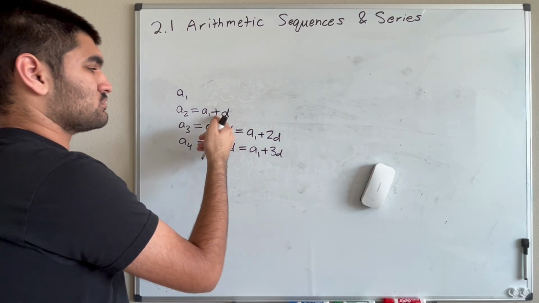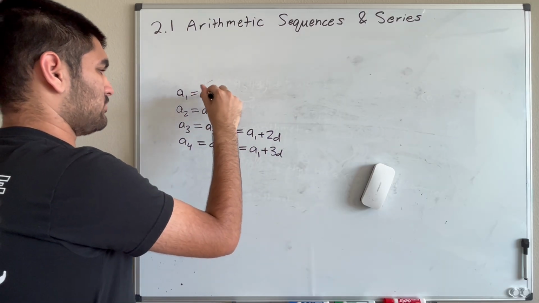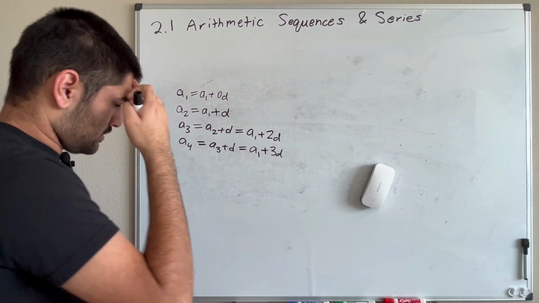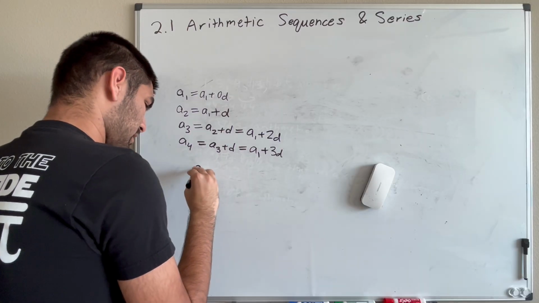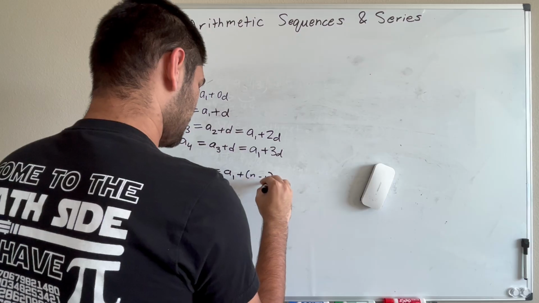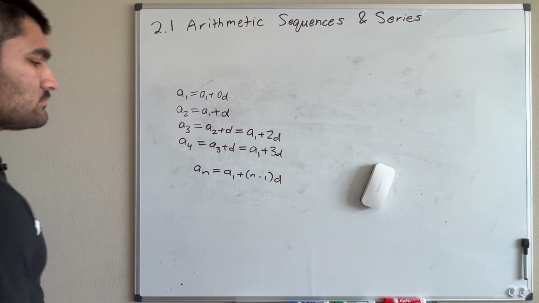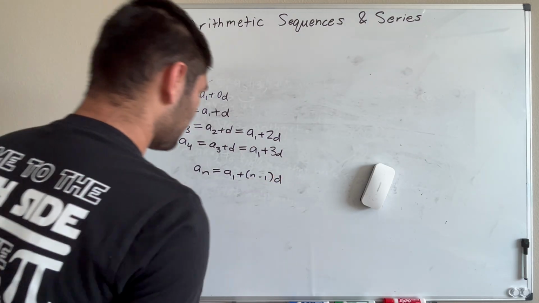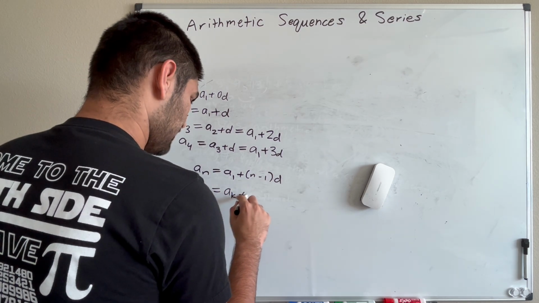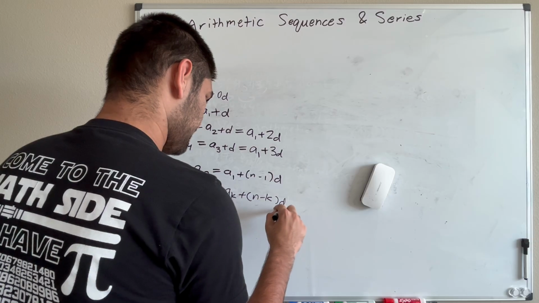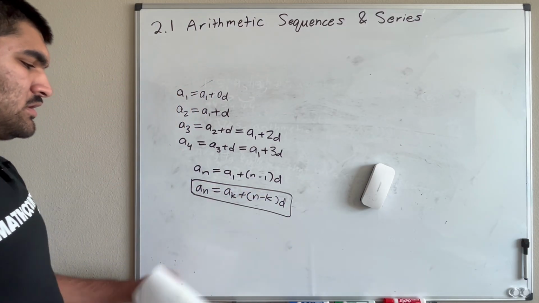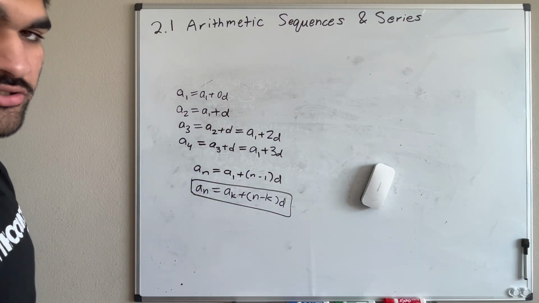Here is 2 minus 1, which is 1, and this is a1 plus 0d technically, so it's 1 minus 1, which is 0. So in general, we have an equals a1 plus n minus 1 times d. And we can generalize this even further, and we get an is equal to ak plus n minus k times d. All right, and so this is the general form for an arithmetic sequence, the general term.